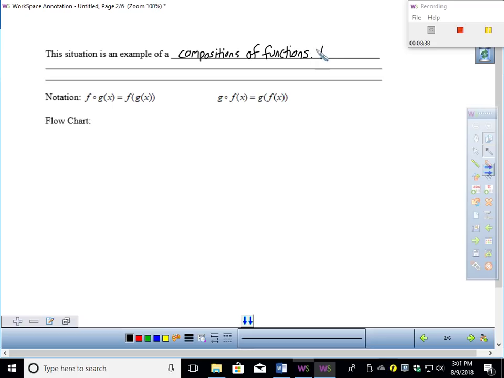And very simply, the output of one function, here we go, becomes the input of a second function. All right, so write that in, and then we'll see it play out. Second function, there we go.